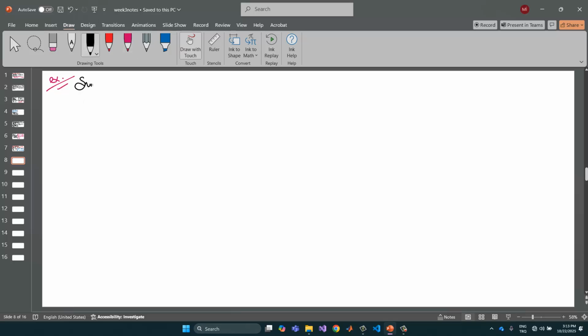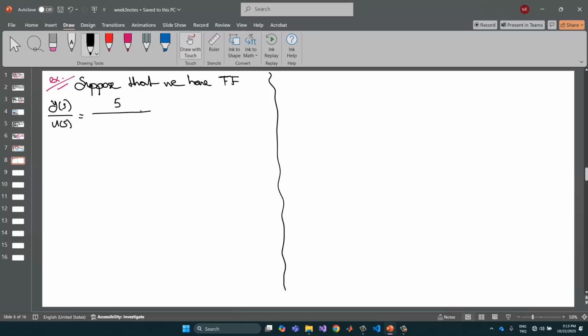Suppose that we have a transfer function like this one: Y(s) for a given U(s) is equal to 5 over s squared plus 3s plus 2.